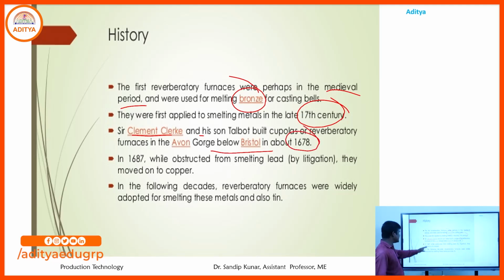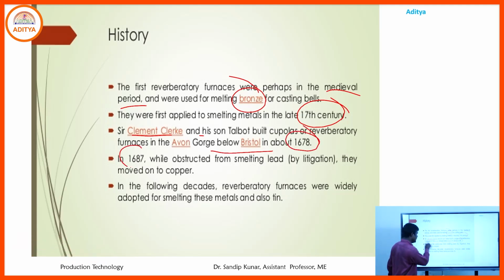Then in 1687, they moved from smelting lead to copper. When they were melting bronze and that type of metal, they then tried melting copper, meaning some modifications were made to those furnaces. The reverberatory furnace was widely used for melting these metals and also tin.